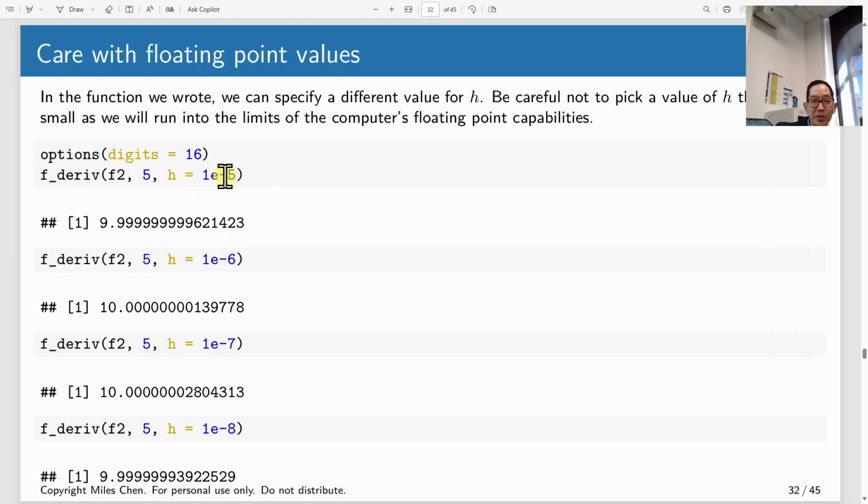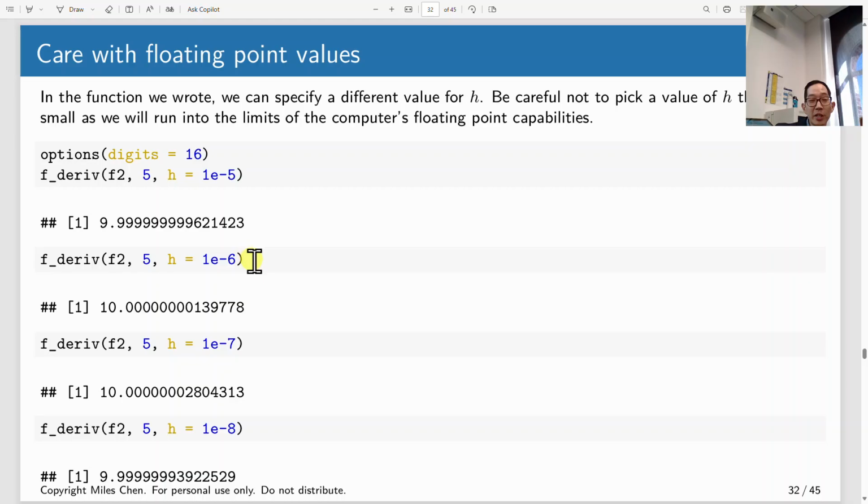So if h is 10 to the minus 5, I think I have 10 places, 9.99999, accurate to 10 significant digits, and our last 6 are off. If I have 10 to the minus 6, also accurate to around 10 significant digits, 1.000000000, and then the last 6, 139.778, are off.